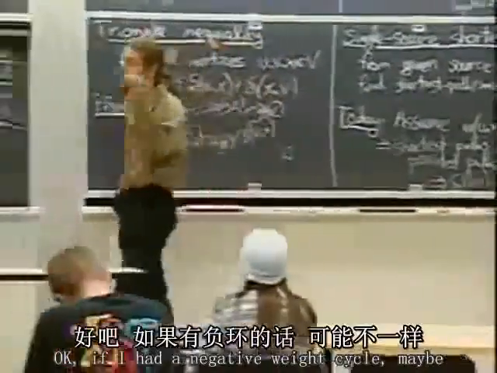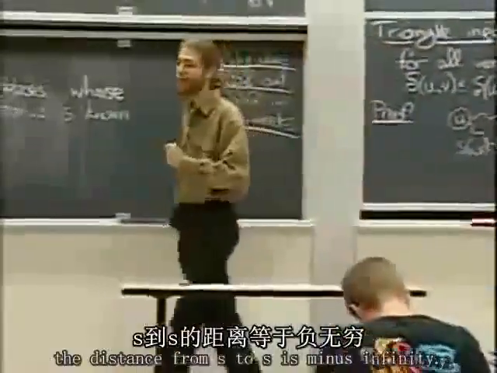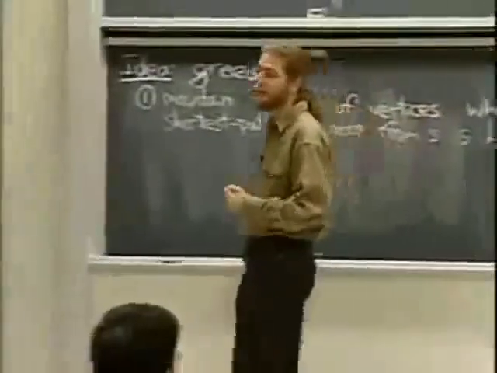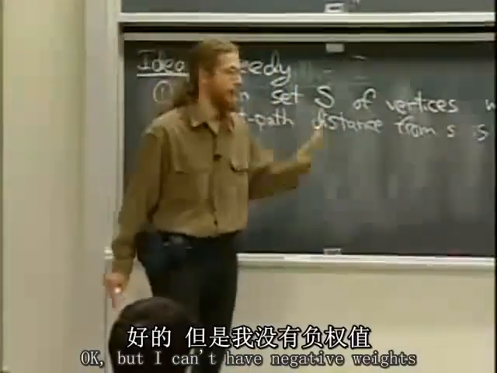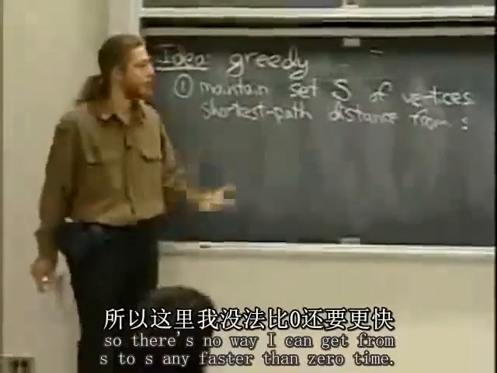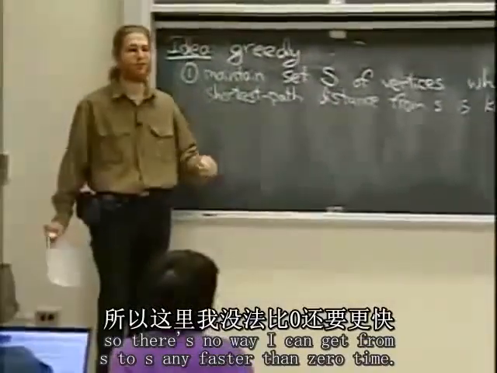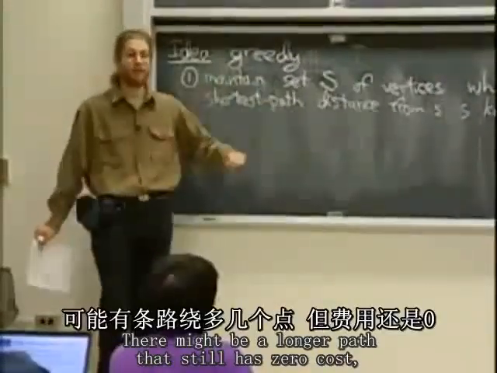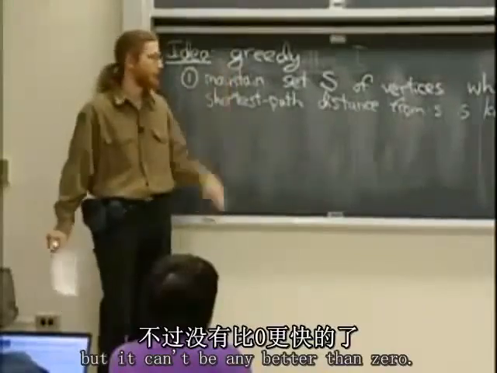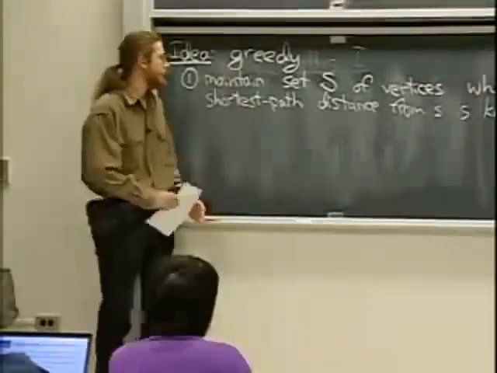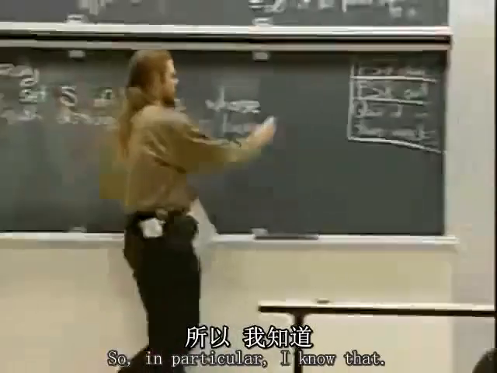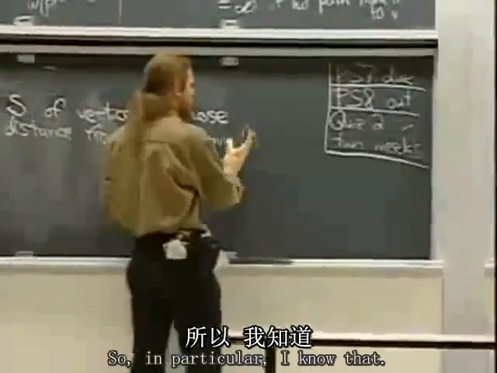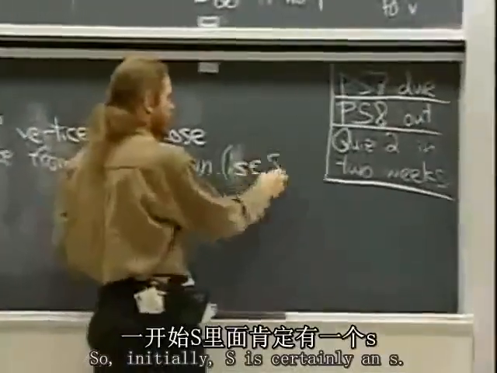If I had a negative weight cycle, maybe the distance from S to S would be minus infinity. But I can't have negative weights, so there's no way I can get from S to S in any faster than 0 time. There might be a longer path that still has 0 cost, but it can't be any better than 0. So in particular, I know that. Initially, S is certainly in big S.